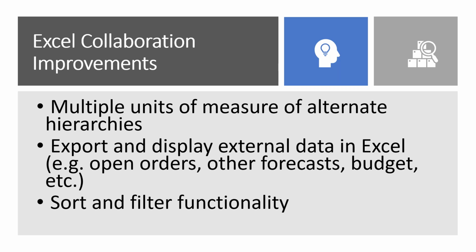First, a little bit of review. Forecast Pro allows us to work both in different units of measure and in alternative hierarchies. We're now able to export the forecasts for review in Excel in both of these states. So practical example, typically with alternative units, many people are working both in their standard units and in dollars.